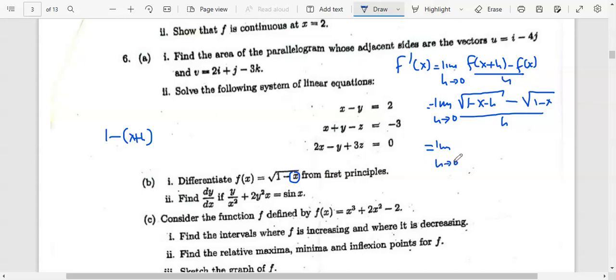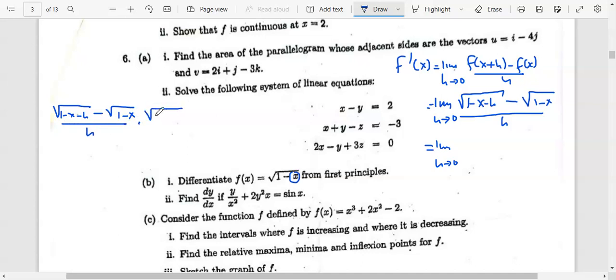So this is going to give us limit as h approaches 0. Now I'm supposed to rationalize this one. Since I don't have enough space to write on that page, I'm going to rationalize it from this side, and then I'll just write the answer there. So we have the square root of 1 minus x minus h minus square root of 1 minus x, divided by h.